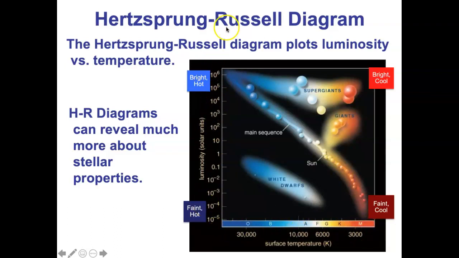So luminosity on the vertical axis, where you've got the bright stars on the top and the faint stars on the bottom, hopefully pretty straightforward. The temperature is always on the horizontal axis, ranked from hot to cold. So it's a little bit backwards there. So the hottest, bluest stars, right? Because remember, hot means blue. So the hottest, bluest stars are on the left side, going down cooler, cooler, cooler until you get the coolest, reddest stars on the right side. Okay?